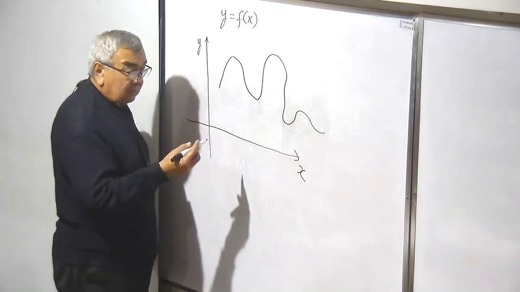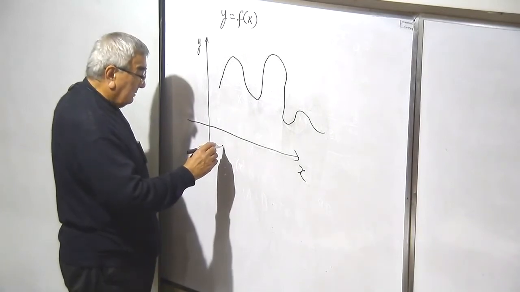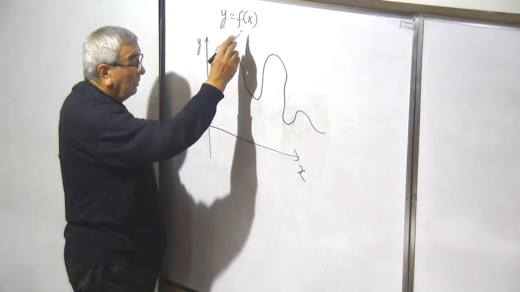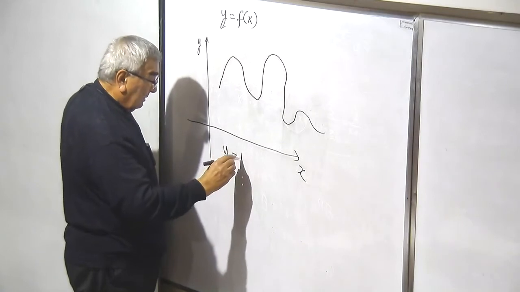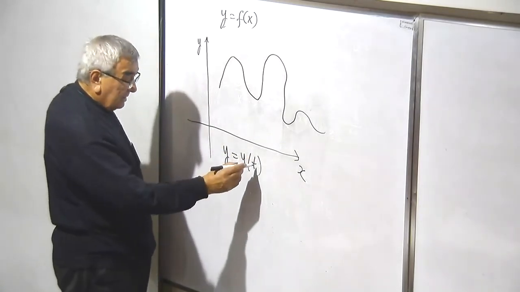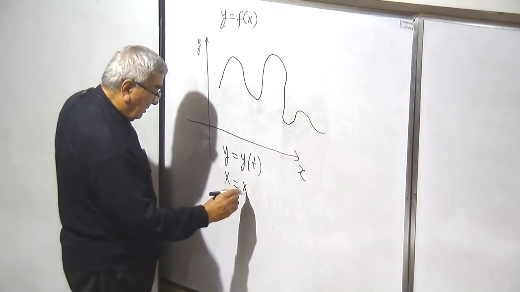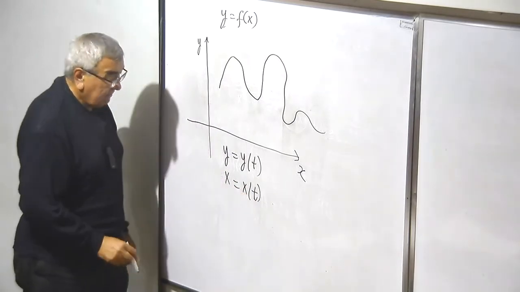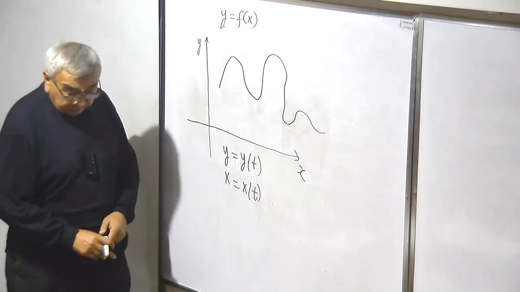In the physics course, you also consider this type of motion. Instead of presenting the motion by these functions, we write y as a function of the parameter t, and x also as a function of t. This is called the parametric representation of these functions. Here t is a parameter.